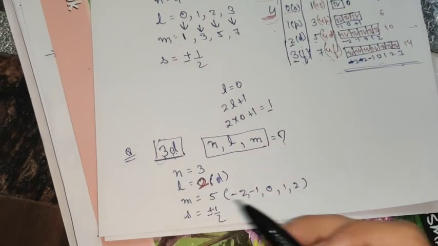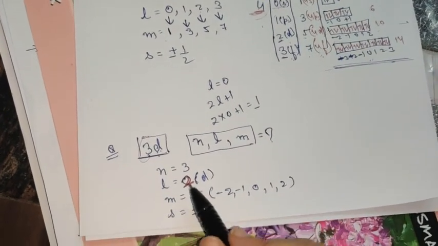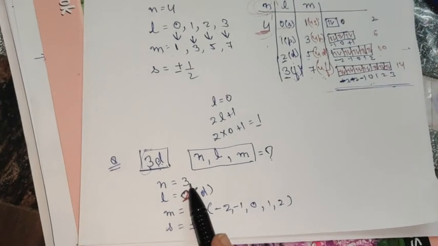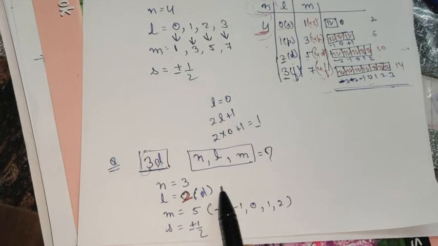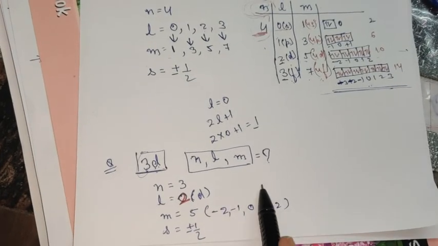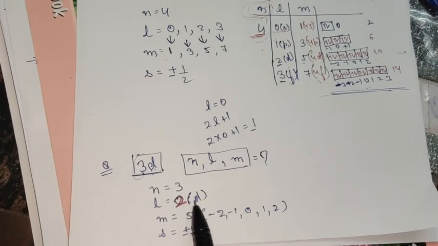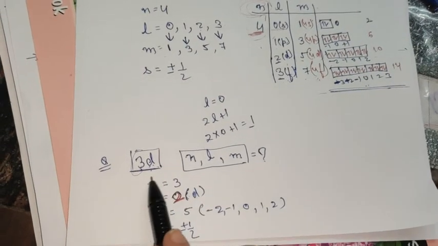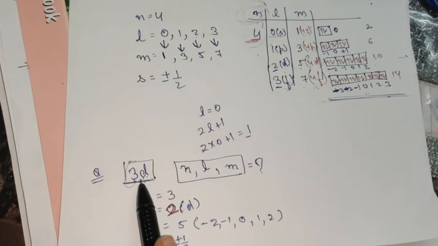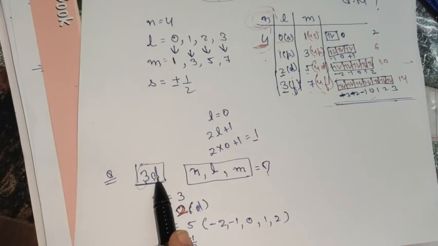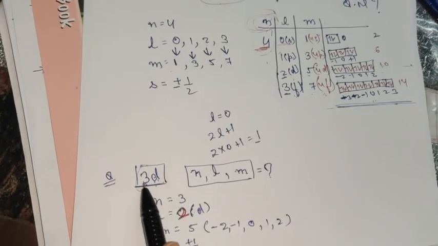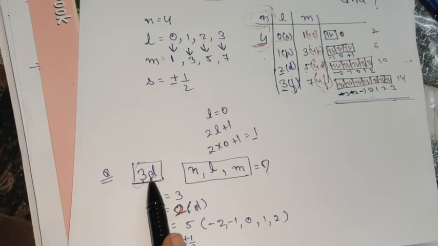Now the question that must be coming to your mind is, if the value of n is 3, then why have we taken the value of L as only 2? Why have we not mentioned 0, 1, 2 here? Because in this particular representation it is already specified that 3D is given to you. It is not including other subshells.